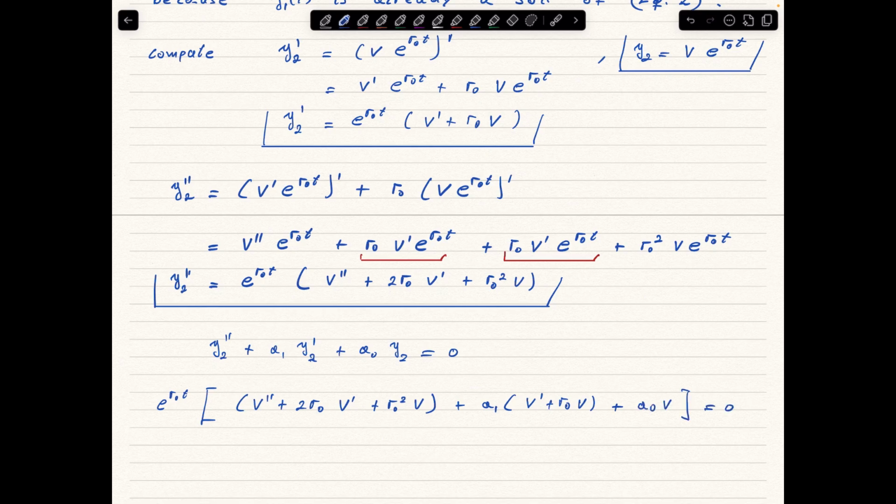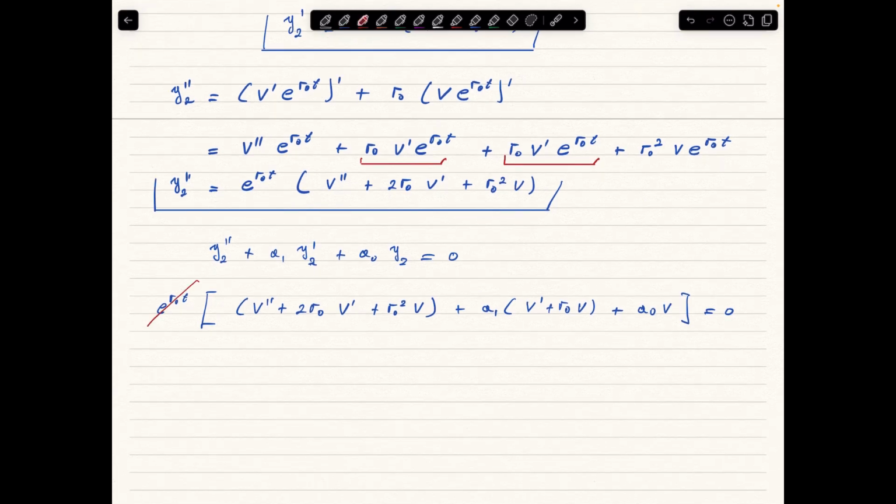All that equals 0. Of course, the exponential can go away, and now we put terms together. We have the second derivative for v. Let's start highlighting terms. We have all the terms that have v prime, which is this term with a plus sign, then we have this term that is multiplied by a1 and nothing else. So we have v prime that multiplies 2 r0 plus a1.